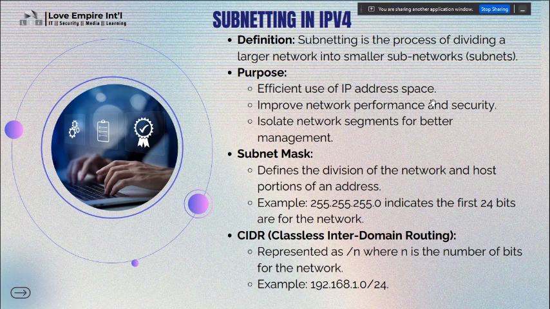That will also tell you which portion of that IP address represents the network and which portion represents the host. So for the example you're seeing on the screen, we have 192.168.1.0/24. Okay, that means the first three octets represent the network address, because 24 is equal to 3 octets.